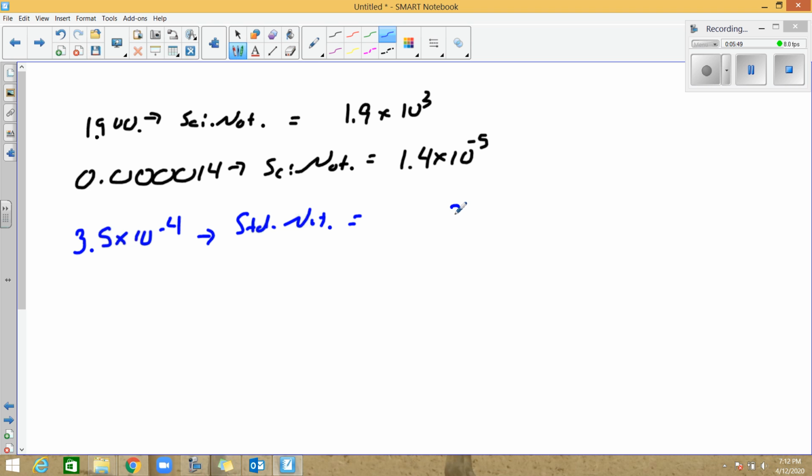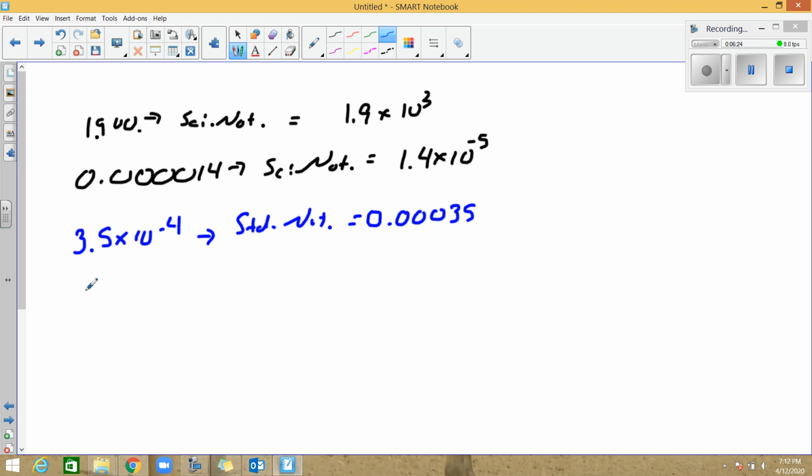So I'm going to write 35, and the decimal was right here, right? So it goes 1, 2, 3, 4 places. See how I went 1, 2, 3, 4 digits, that is how much that thing moved because of the 4, and moved to the left. And I like to put a 0 in front of that because as a youngster, that decimal used to do all sorts of things, and if I didn't put it out in front, I'd multiply it or do something silly with it. So I like to have the 0 there. It pretty much just accents that decimal.